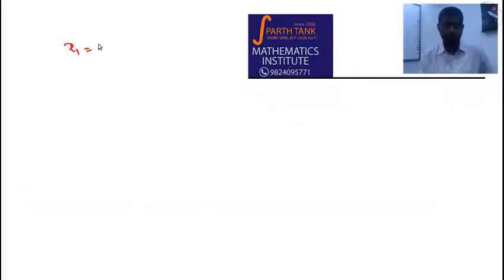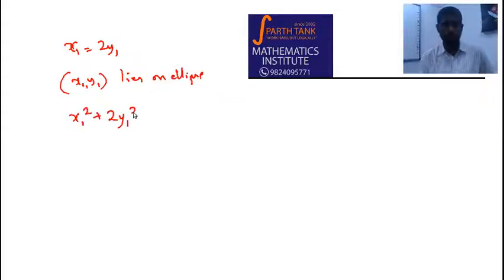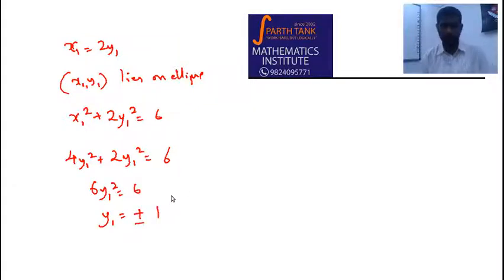If x1 is 2y1 and x1, y1 lies on the ellipse, I have already x1 squared plus 2y1 squared is 6. Substitute x1 is 2y1, I get 4y1 squared plus 2y1 squared is 6. This gives me 6y1 squared is 6, or y1 is plus or minus 1.